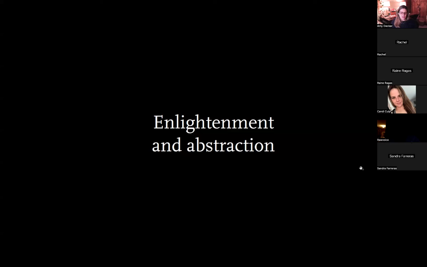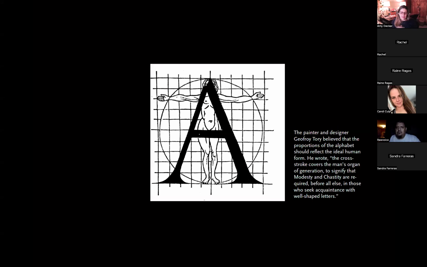All right, we're going to move into the age of enlightenment and abstraction. The French designer and typographer Geoffroy Tory in 1529 did a series of diagrams.